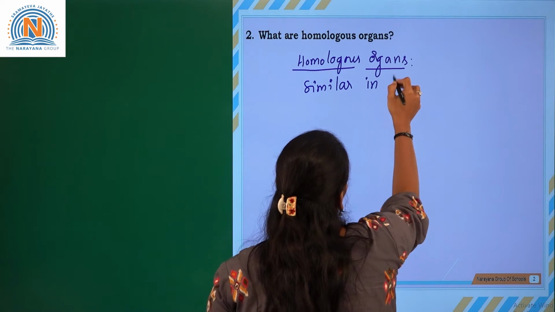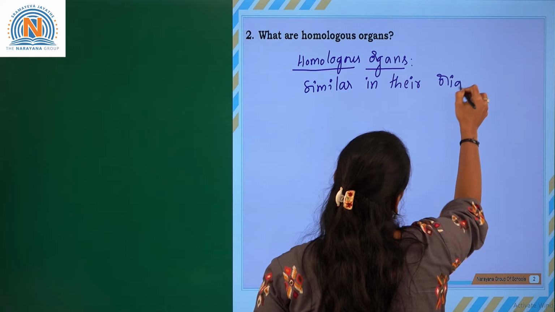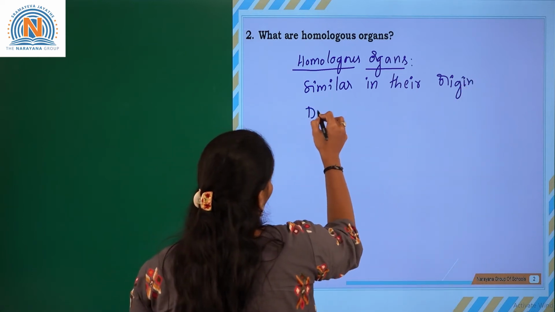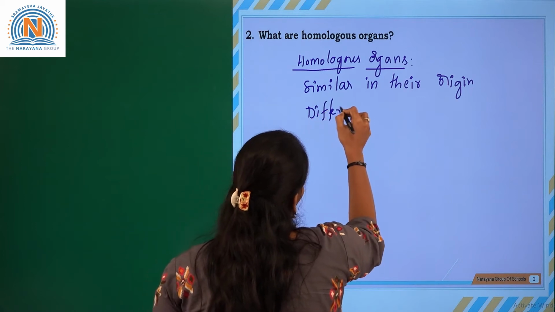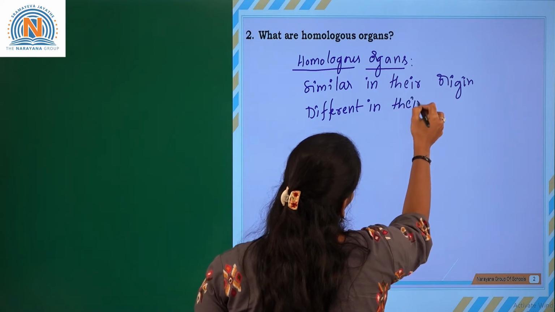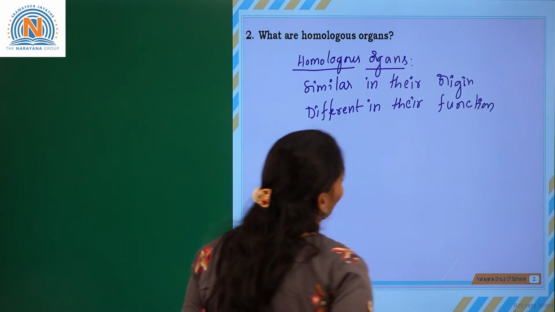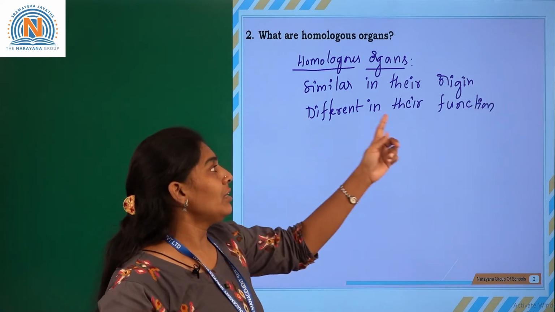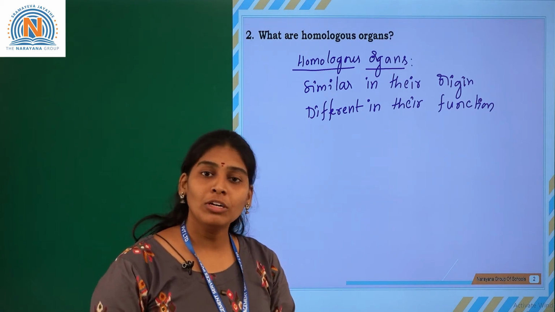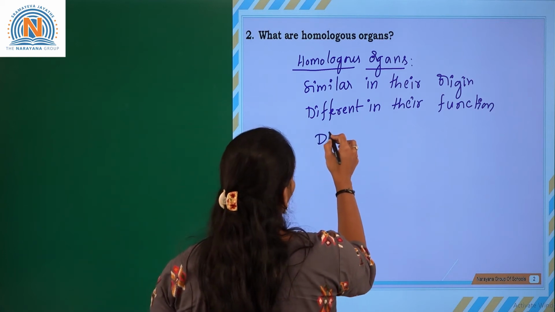Similar in their origin, meaning the origin is a structure, but different in their function. This kind of organs are called homologous organs, and the evolution we can call divergent evolution.